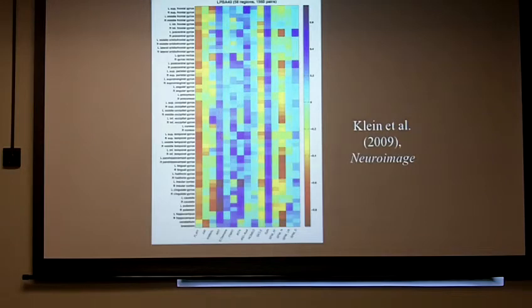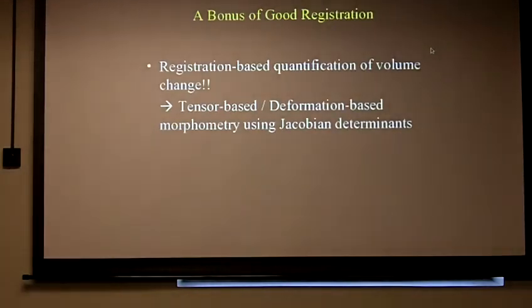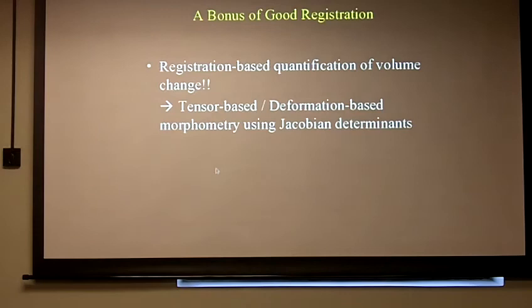And this one is something called ART, which is as good as symmetric normalization, but I couldn't find how to get it. So that tells us which one to use.